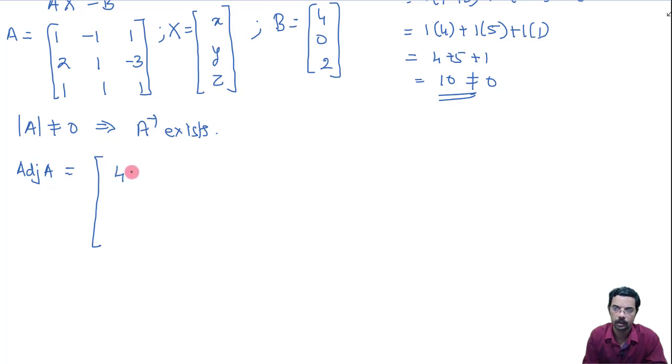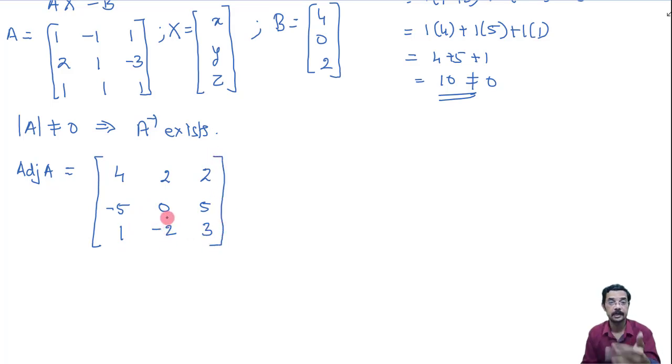We have 4 here. Same way we can have 2 here, then minus 5, then 0, then 5, then 1, minus 2 and 3. Okay, this is the adjoint.